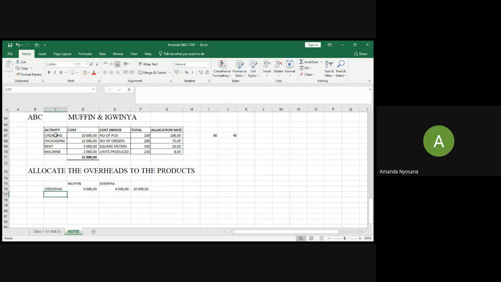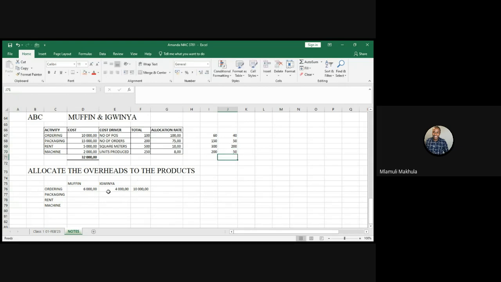We've got packaging, we have rent, we have machine. And then let's say here, for muffins, we've got 150, and here you've got 50. Then 300 and 200, and then 200 and 50.